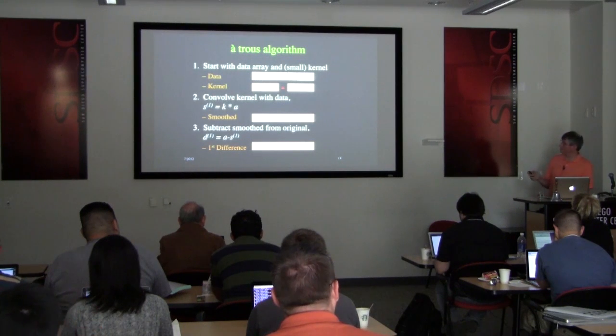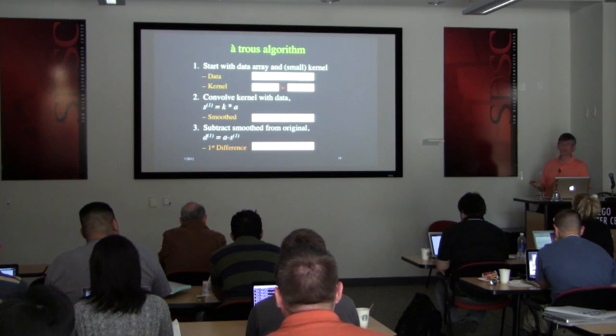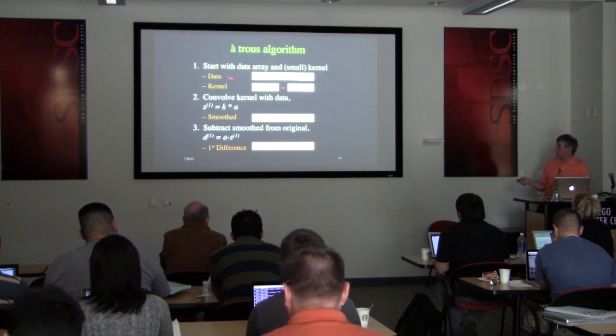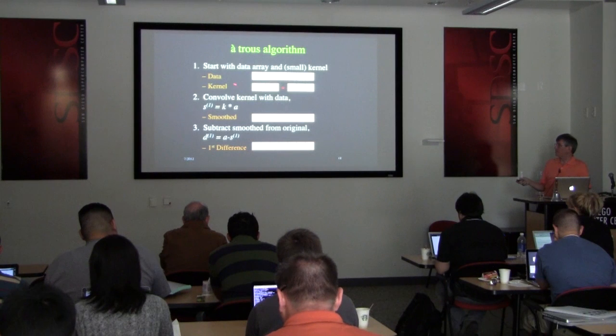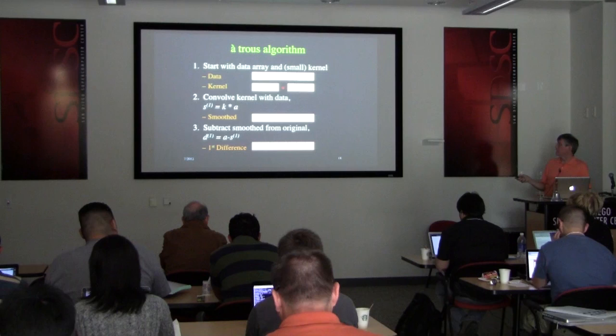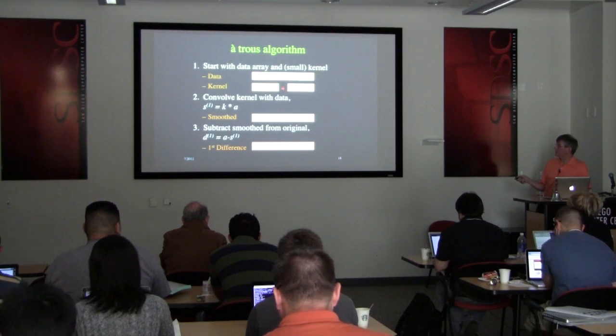Here's the algorithm. Again, I'll describe it in one dimension. You start with a vector of data, and then there's a kernel associated with the image. The kernel is of finite length. I give an example here of a kernel which has 3 elements.